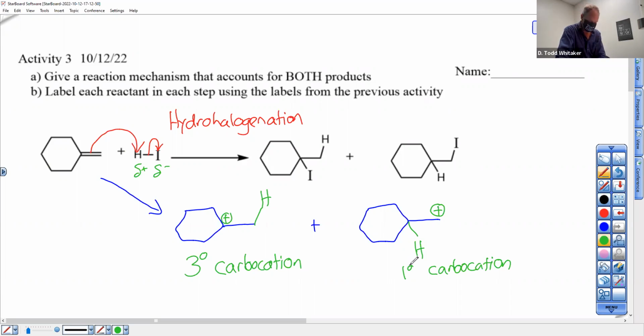Why do they call it hydrohalogenation? Because we're adding a hydrogen and a halogen, so it's called hydrohalogenation. We will study halogenation as a separate mechanism for test 3. It's coming up, but it's not on our test coming up. The next test. This and the next one are the only mechanisms on this test. Which one? Halogenation?